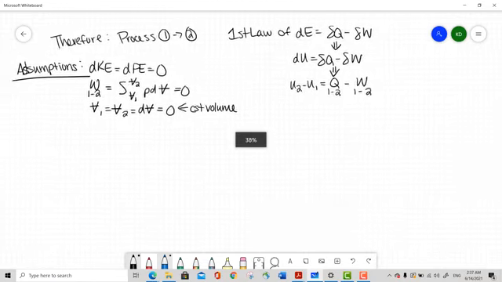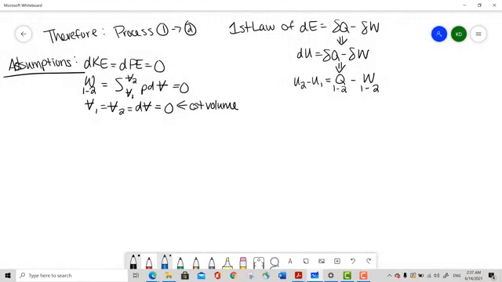So now what can we do? Well, we can change it into a mass basis, right? So these are supposed to be like copper, right? You can't tell. Okay. So we can change these into a mass basis. So let's pull the mass out.